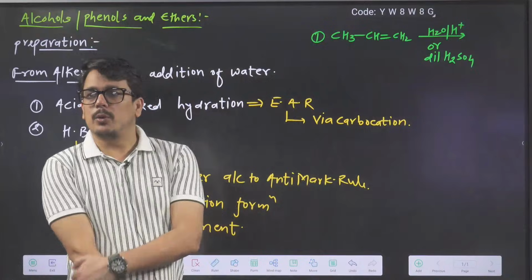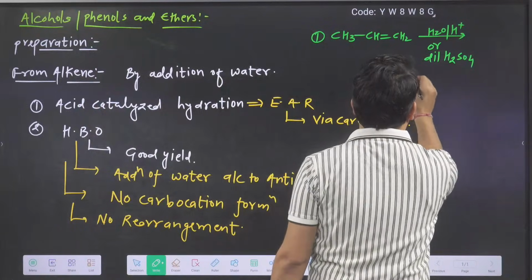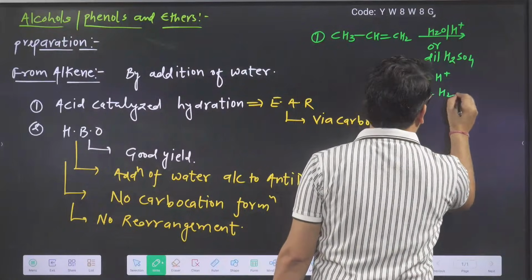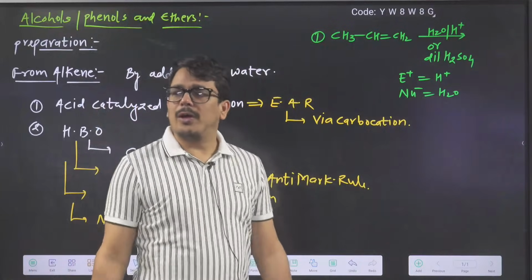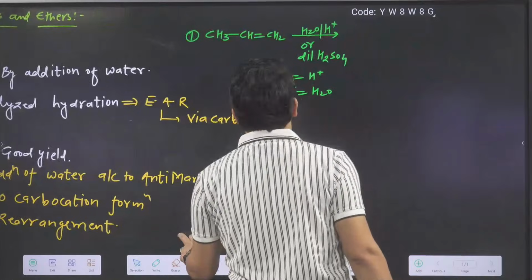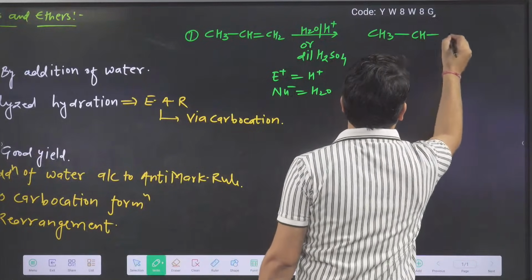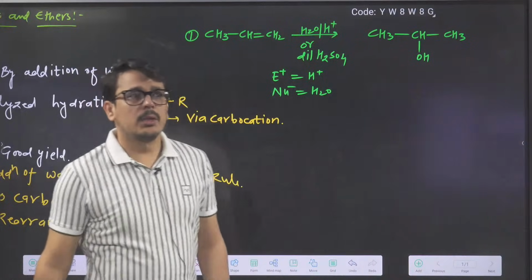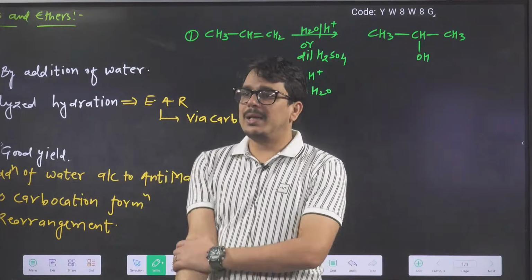In this case, the electrophile is the H plus ion, and the nucleophile is H2O. The final product is CH3CH(OH)CH3. Remember this one? Clear, everyone, yes or no?